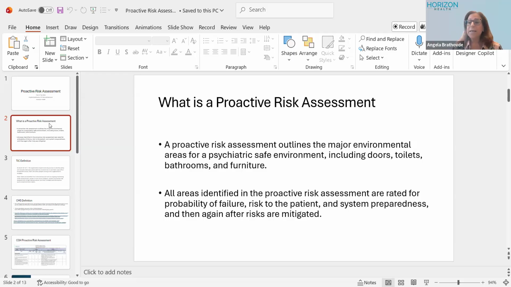So anything in the environment is what we look at for our proactive risk assessment. And then all areas identified in the proactive risk assessment are rated for probability of failure, risk to the patient, and system preparedness. And then again, after risks are mitigated.